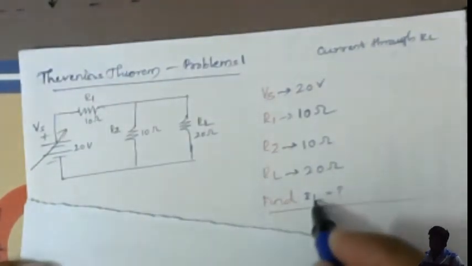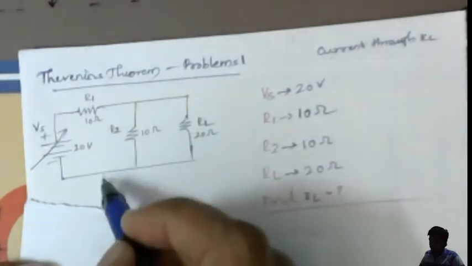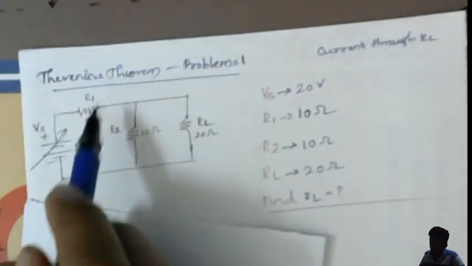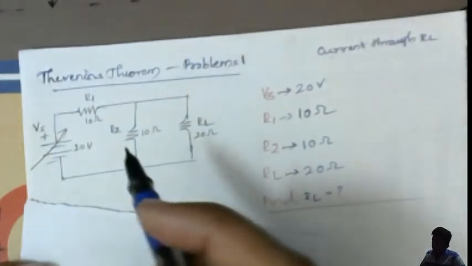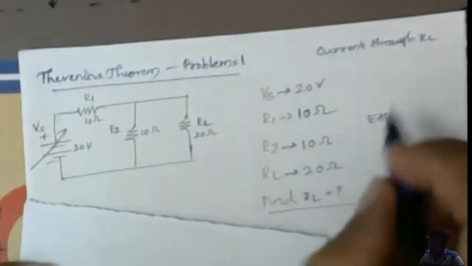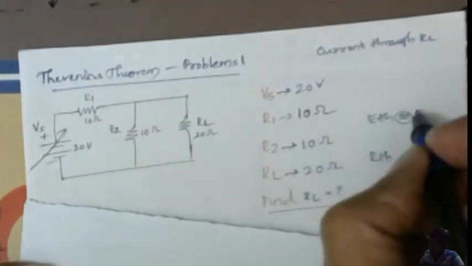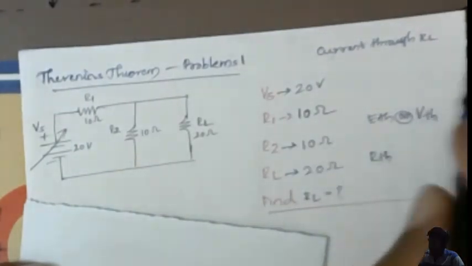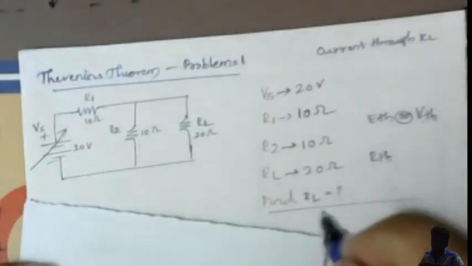In order to find the load current IL, first you need to convert to the Thevenin equivalent circuit. In order to convert to the Thevenin equivalent circuit, you need to find out ETH as well as RTH. ETH is nothing but VTH, meaning Thevenin voltage, and series resistor means Thevenin resistor.